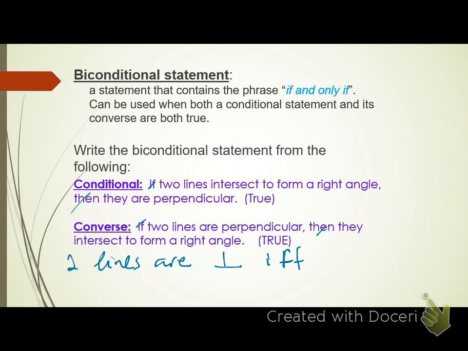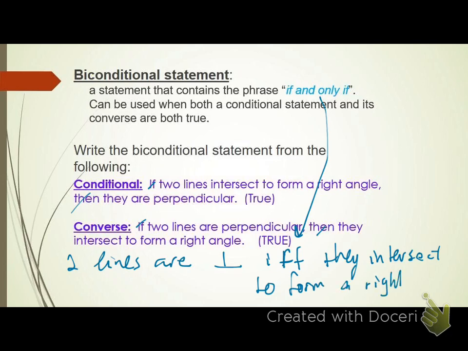IFF is the abbreviation for if and only if. They intersect to form a right angle. Okay?